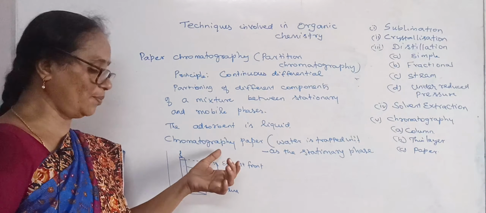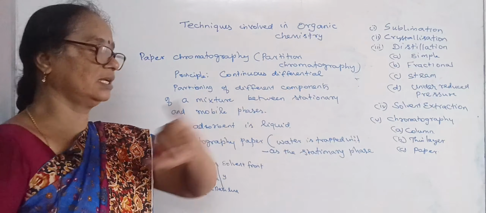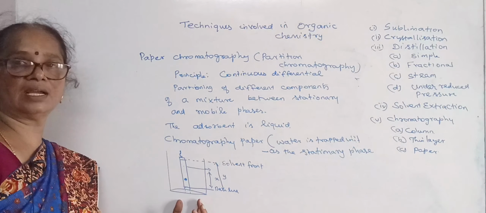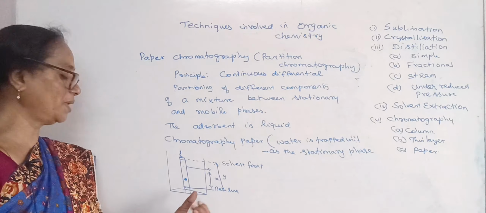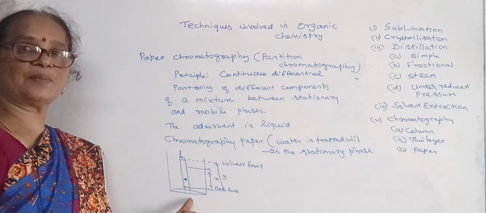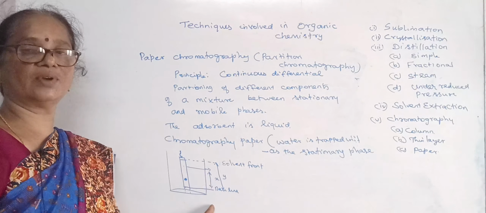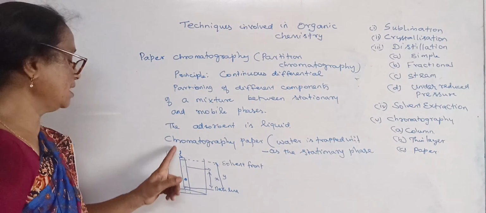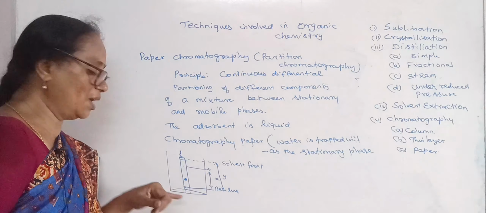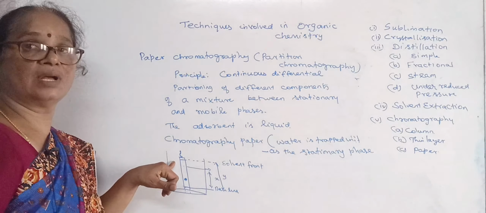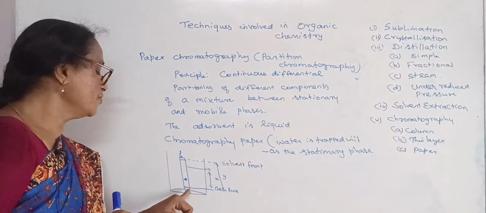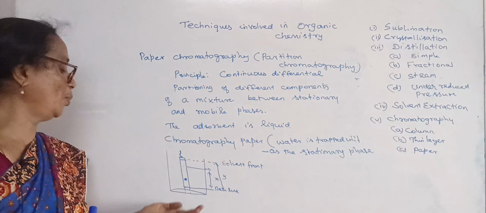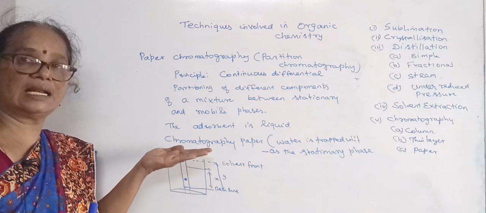So the chromatography paper has a liquid phase of water, and when the paper is dipped in a solvent or a mixture of solvents, sometimes a single solvent can be used, sometimes a mixture of solvents, depending on the kind of substances to be separated, the paper is marked with a baseline. The baseline should always be about 2 cm above the solvent level, and when the paper is placed inside the liquid, the solvent just rises up.